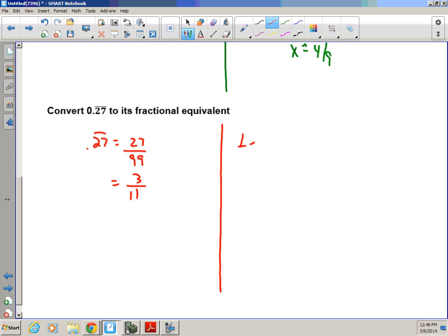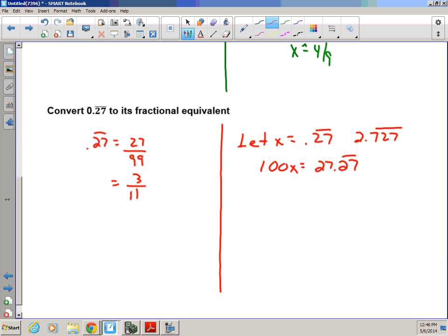Algebraically, let x equal 0.27 repeating. Now I'm going to multiply by 100, because it's two decimal places. See, if I multiply by 10, all I'm going to get is 2.7 repeating, like that.